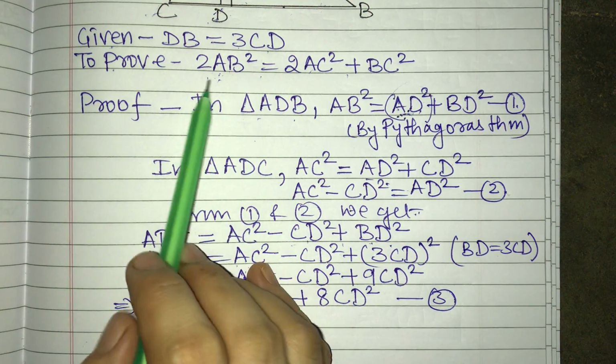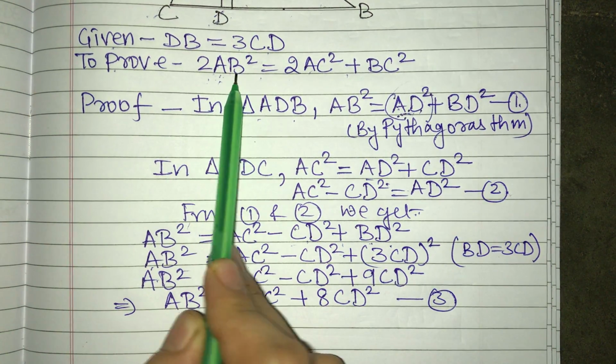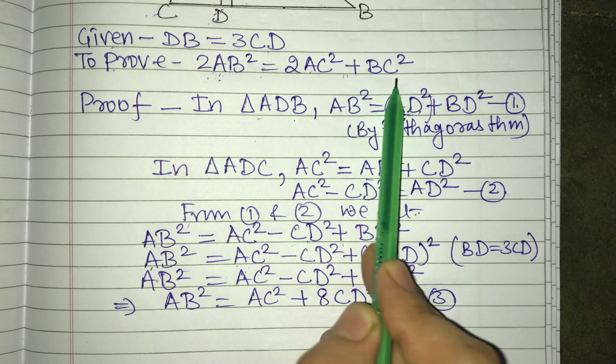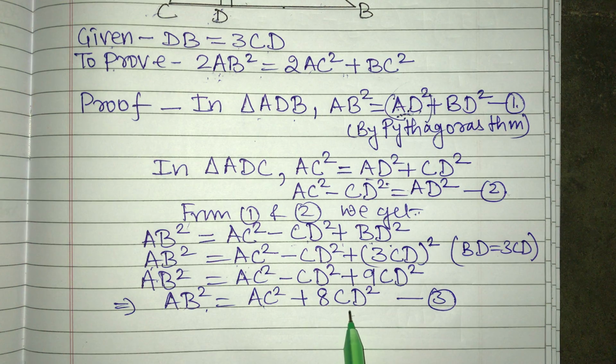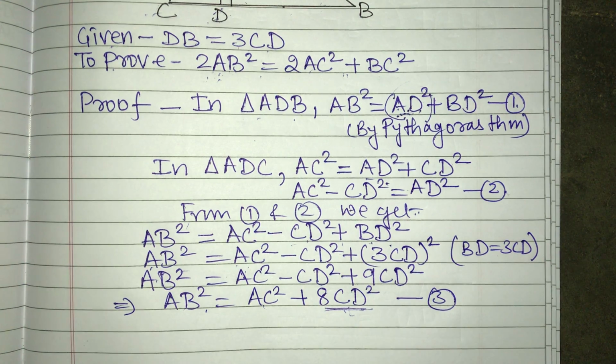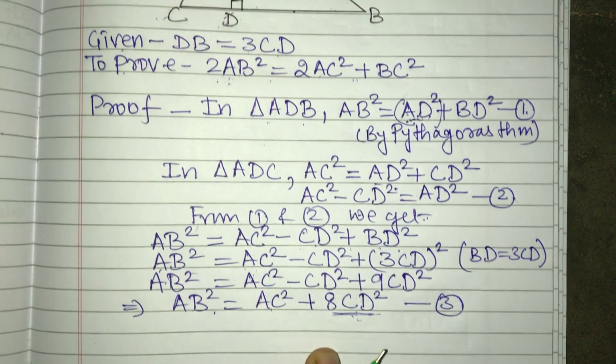Now in the proof we want AB square, AC square and BC square, and till now we have AB square, AC square and CD square. So now I want to replace this CD. So I am going to find the value of CD.